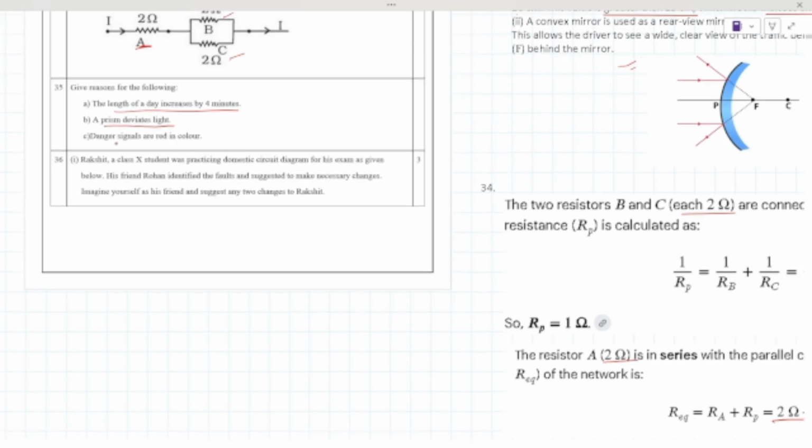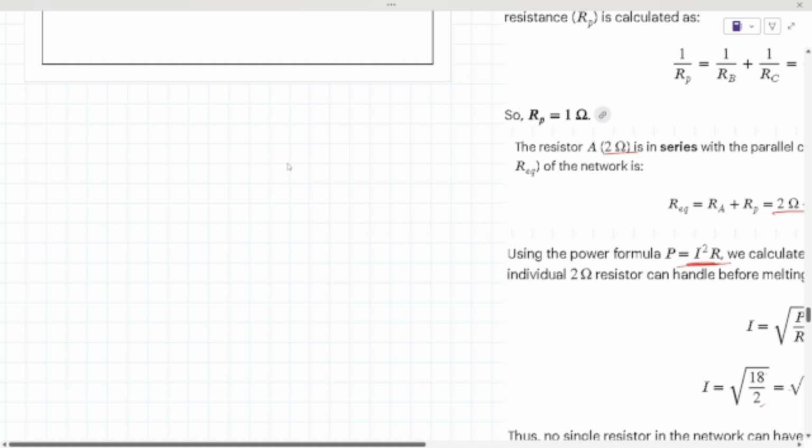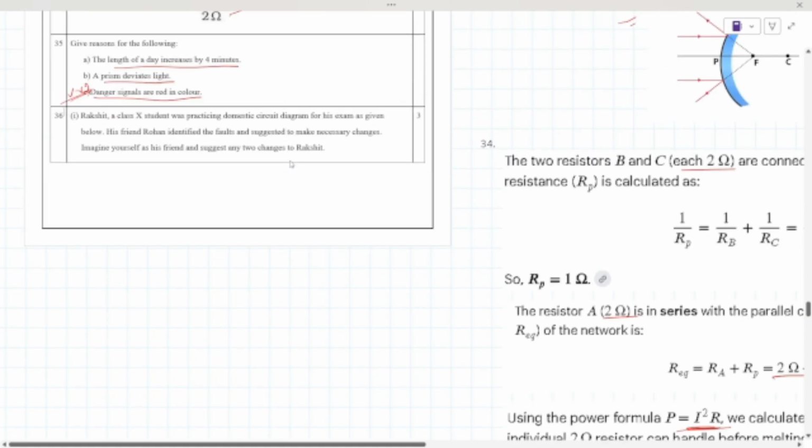Now see the next one: danger signals are red. Why? The red color light has a longer wavelength, and it refracts less in the atmosphere.